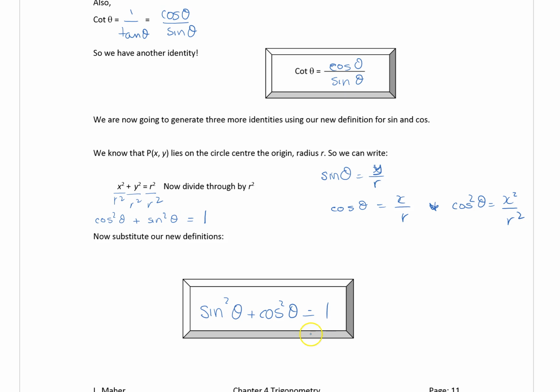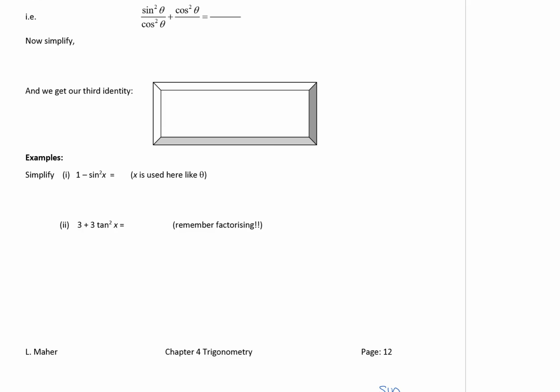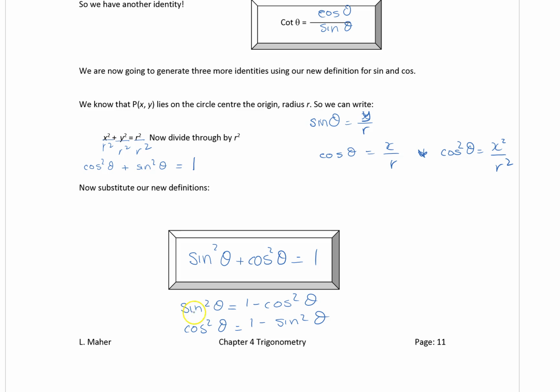Now I guess the variations on this identity are that sine squared could be written as, or replaced with, 1 minus cos squared, or also keep in mind, if you see 1 minus cos squared, you could replace it with sine squared. Now, these identities work in both ways.